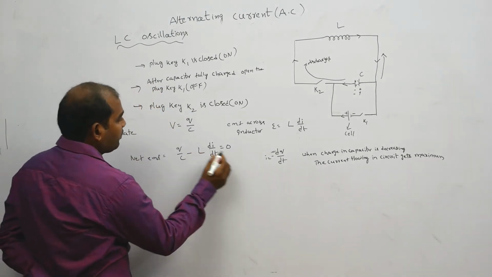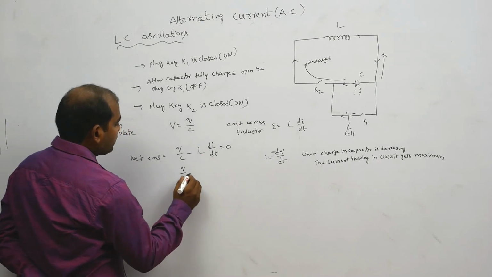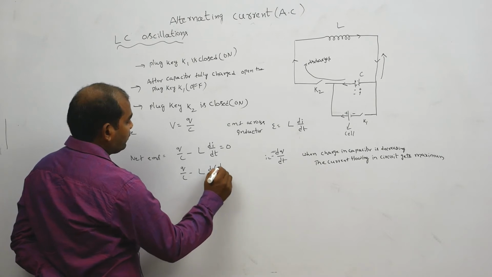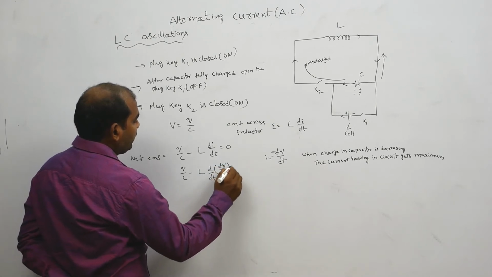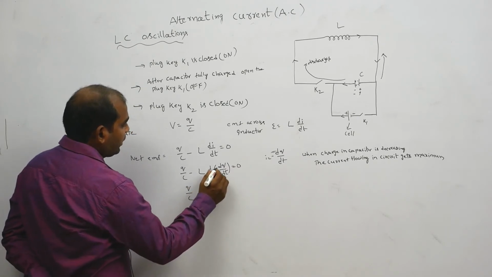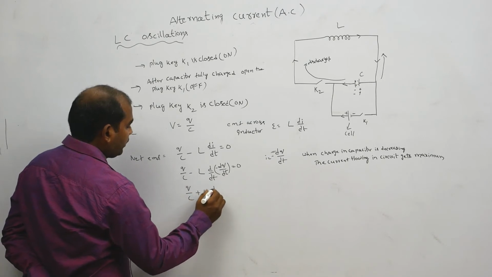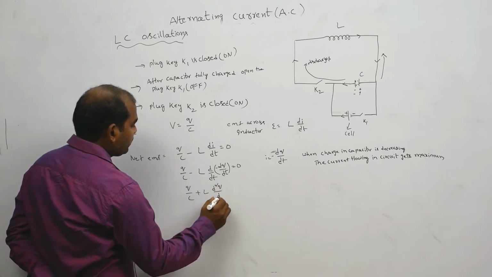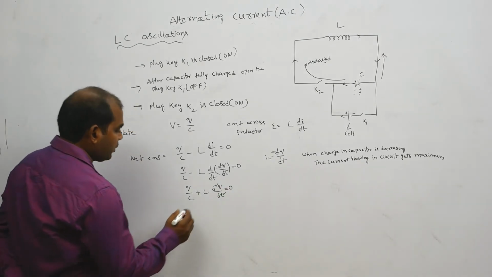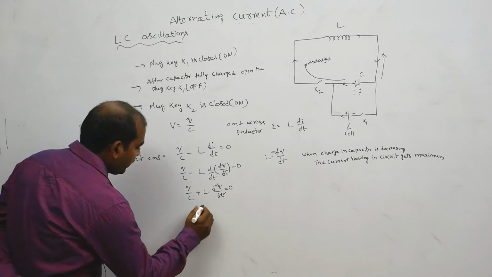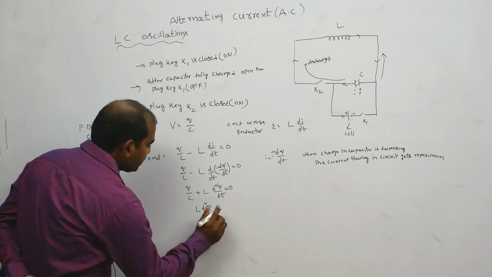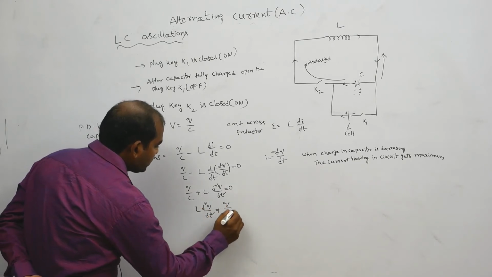Then in place of I, Q by C minus L into d by dt of dq by dt is equal to 0. Minus into minus gives plus, so L into d square Q by dt square plus Q by C is equal to 0.